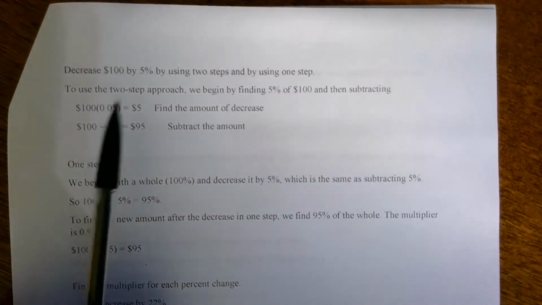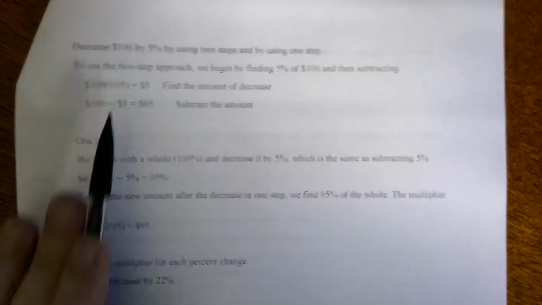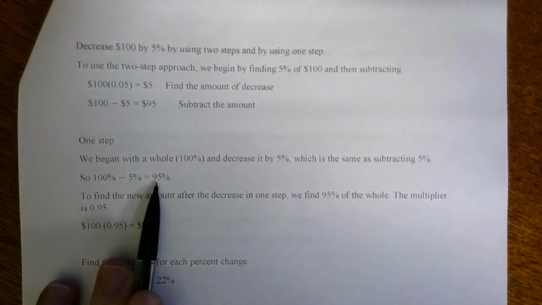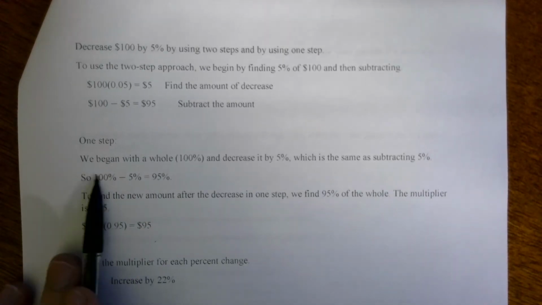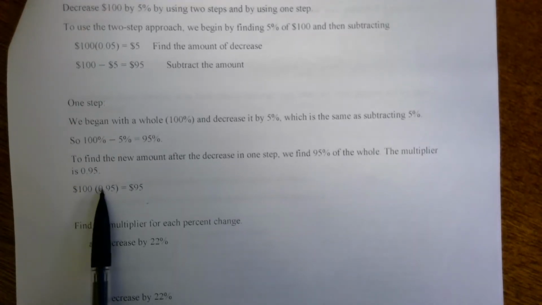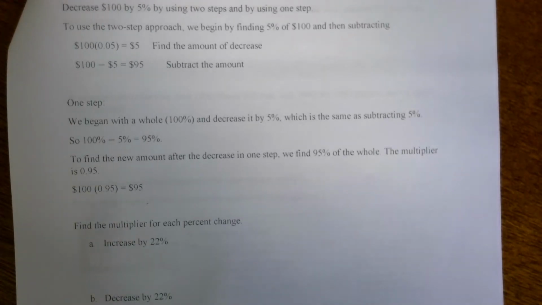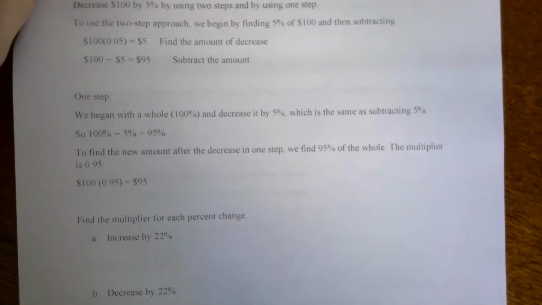Or we can also look at it as a 5% discount being the same thing as something being 95% of the price, right? So you're just subtracting that 5% off of 100% of the price. Then we can just multiply 100 by 95% and get $95. Okay. So we could also do that with addition, right?